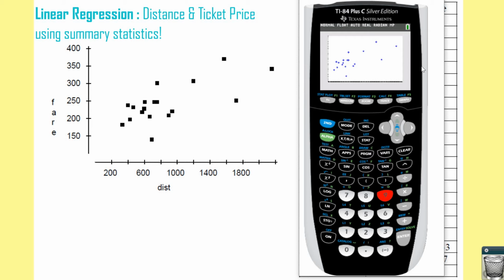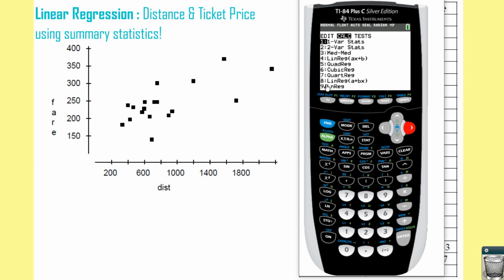Let's do linear, that's going to make life easier. Now we want to get how related the data is, which is what correlation does. To get correlation, I'm going to go to my home screen, then stat, calc, and down to number 8.